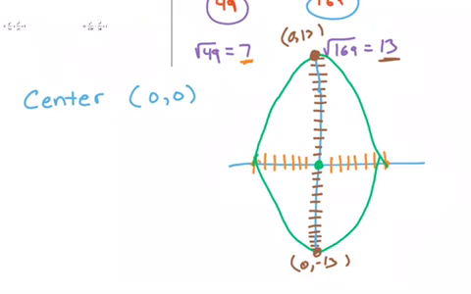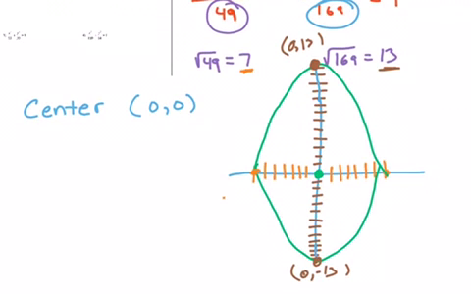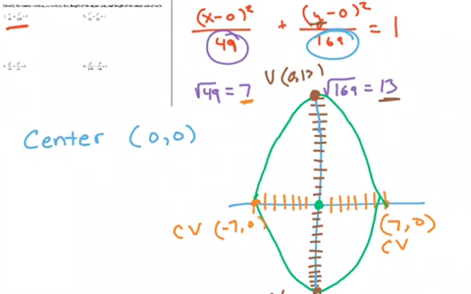And you know the values of your co-vertices are going to be, what did I say this was? (negative 7, 0) and (7, 0). So my vertices are here and here, and my co-vertices are here and here. Okay? And those values correspond to whatever you have under y and under x.